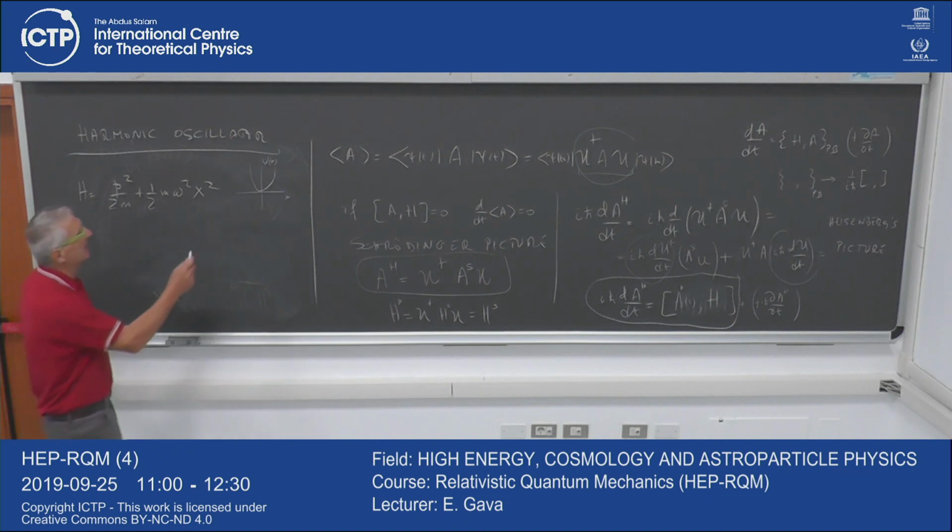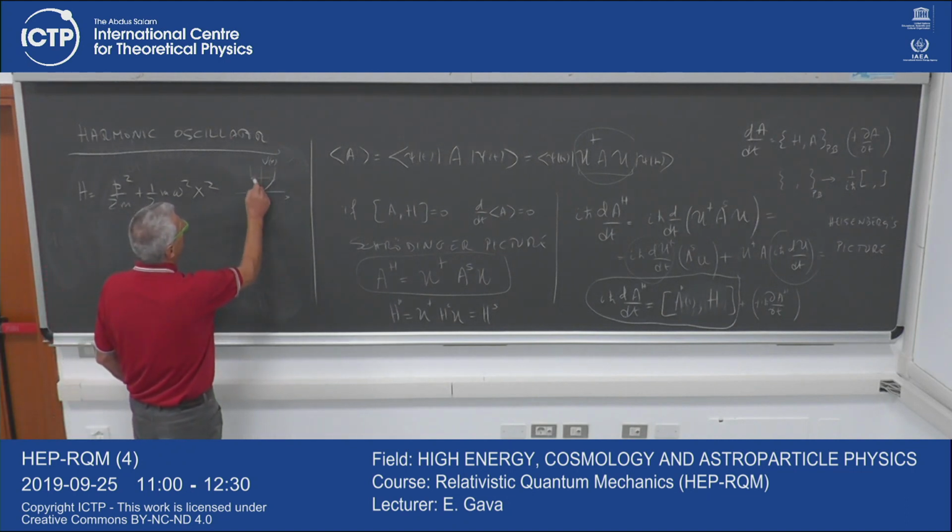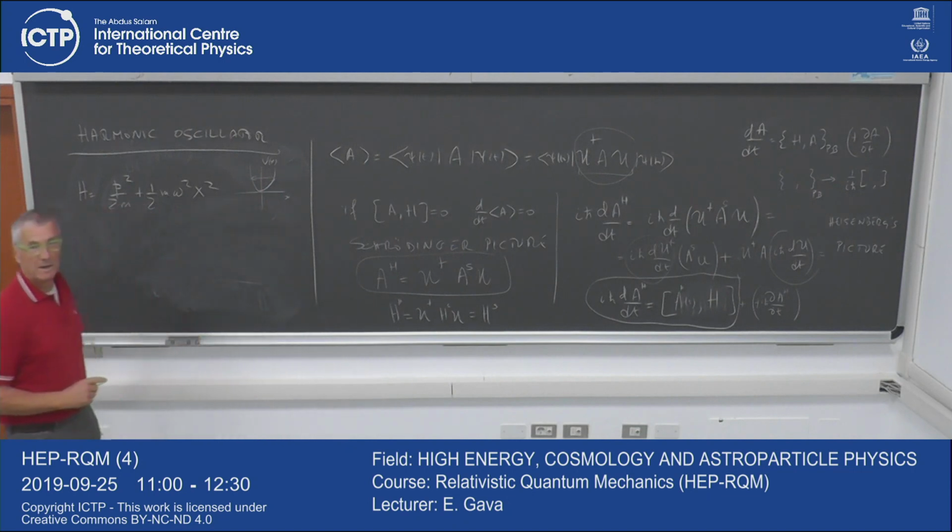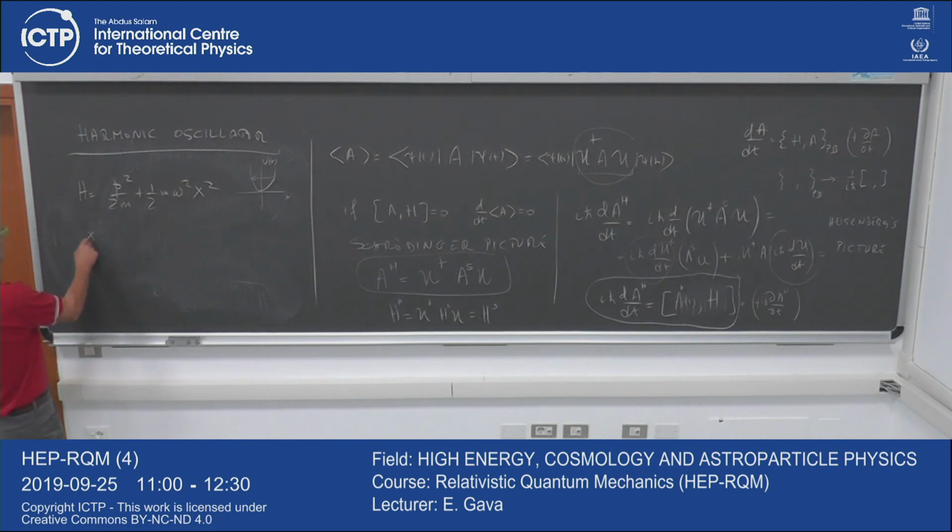This describes the oscillation of a particle in this potential, and if you solve the equation of motion from this, you get the typically oscillatory solution, right?